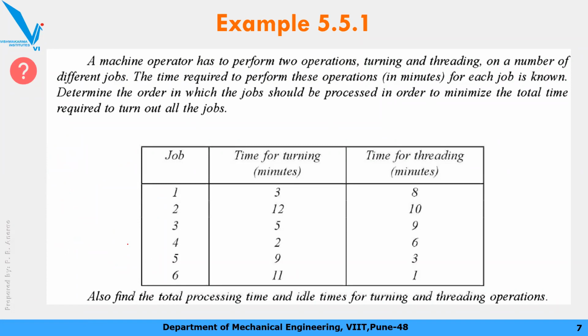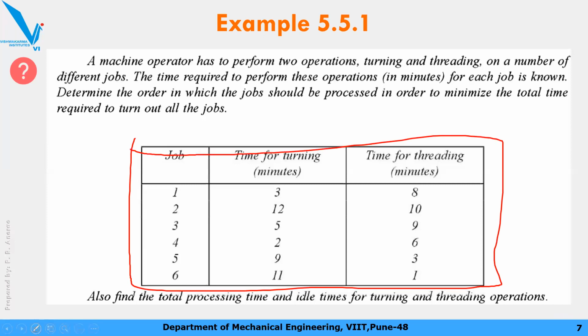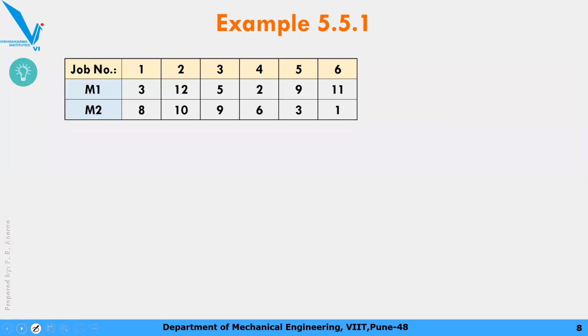Now first thing I'll do, I'll change the orientation of this table. Okay, now in this table the jobs are written as columns 1 2 3 4 5 and 6, and machine 1 and machine 2 as rows, and I have converted it the other way around.